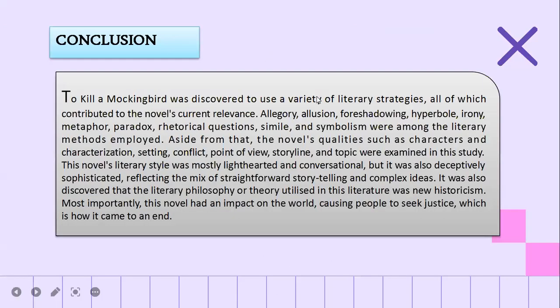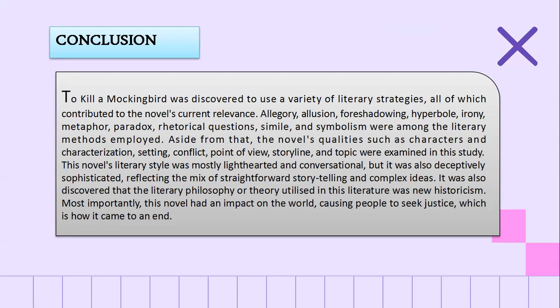Okay, conclusion. To Kill a Mockingbird was discovered to use a variety of literary strategies, all of which contributed to the novel's current relevance. Allegory, allusion, foreshadowing, hyperbole, irony, metaphor, paradox, rhetorical questions, simile, and symbolism were among the literary methods employed. Aside from that, the novel's qualities such as characters and characterization, setting, conflict, point of view, storyline, and topic were examined in this study.